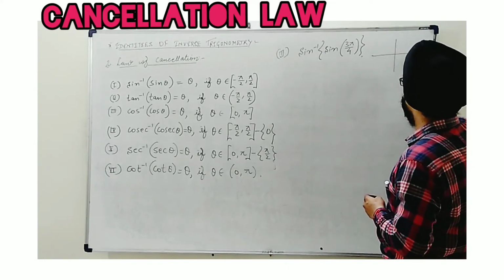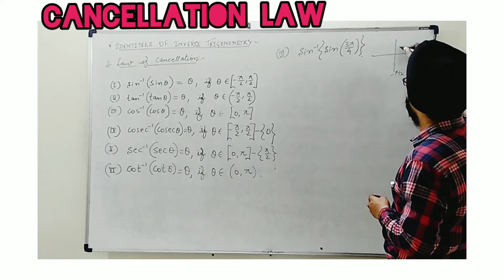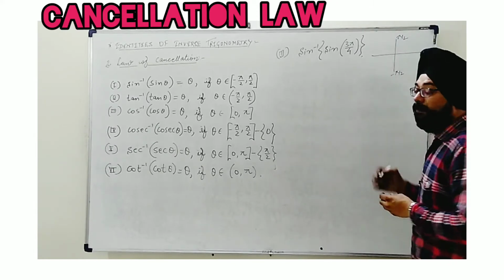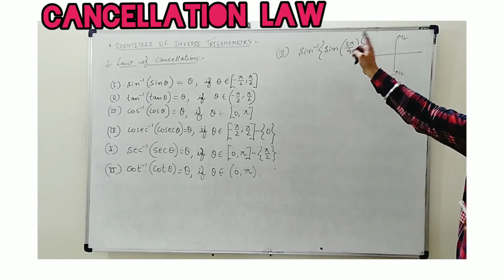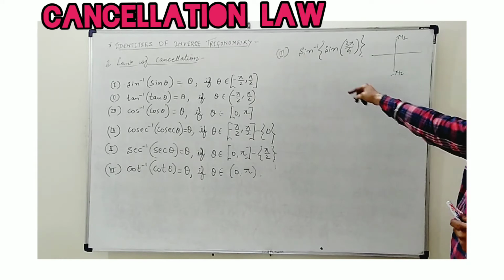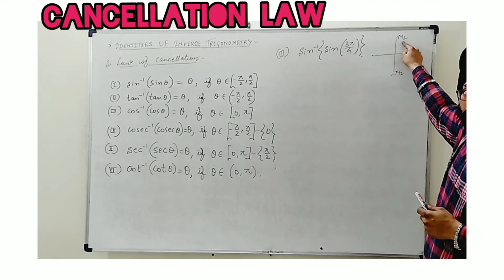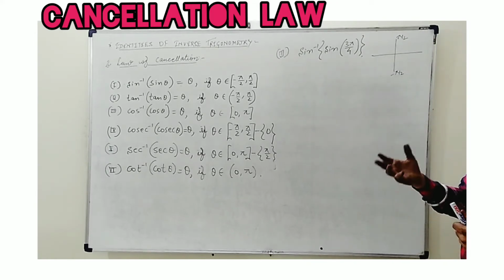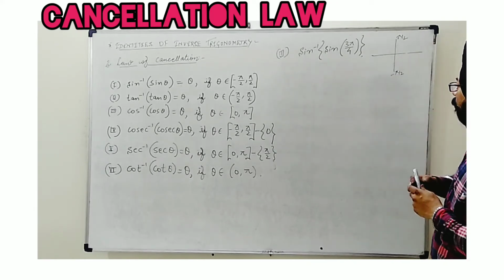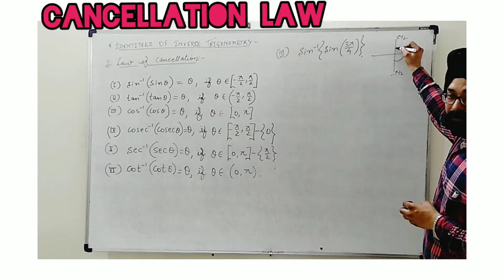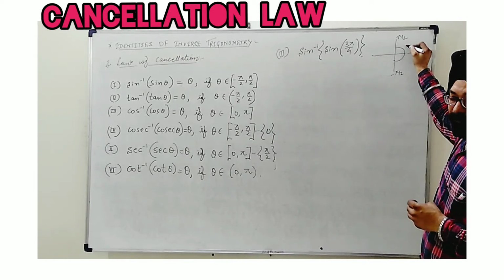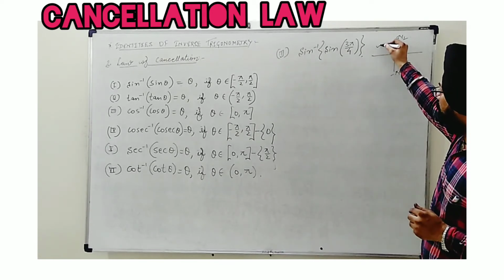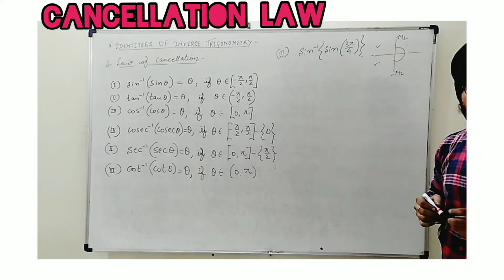Our requirement, as in the case of sine inverse group, sine inverse, cosec inverse and tan inverse, is minus pi by 2 to pi by 2. So whenever some angle does not belong to this principal branch, for sure this will belong to either the second quadrant or third quadrant.